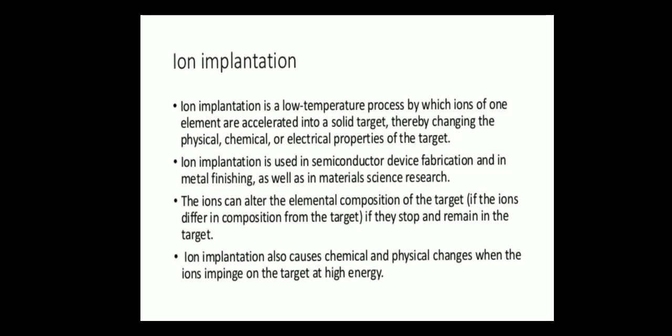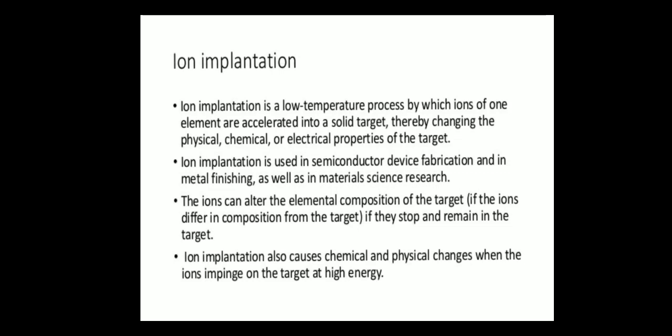These ions are isolated so that the diffusion of impurities is so high. As the ions strike the silicon wafers, they penetrate some distance into the wafer. The depth of the penetration typically decides the distance between the two layers.